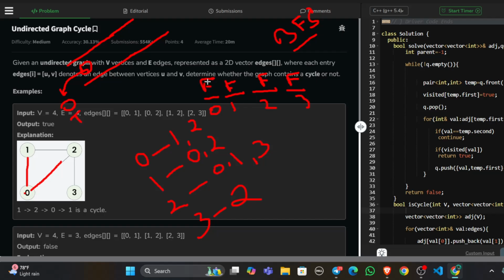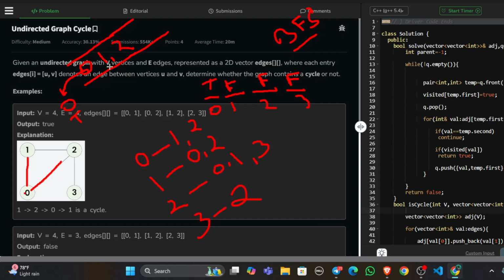We have to mark the children true as well. Zero is connected to one and two, so you simply push one and two.